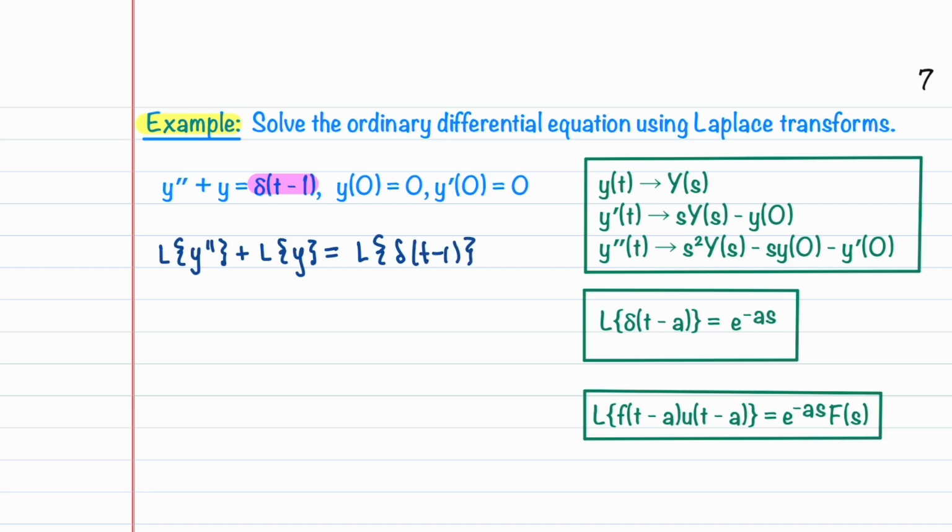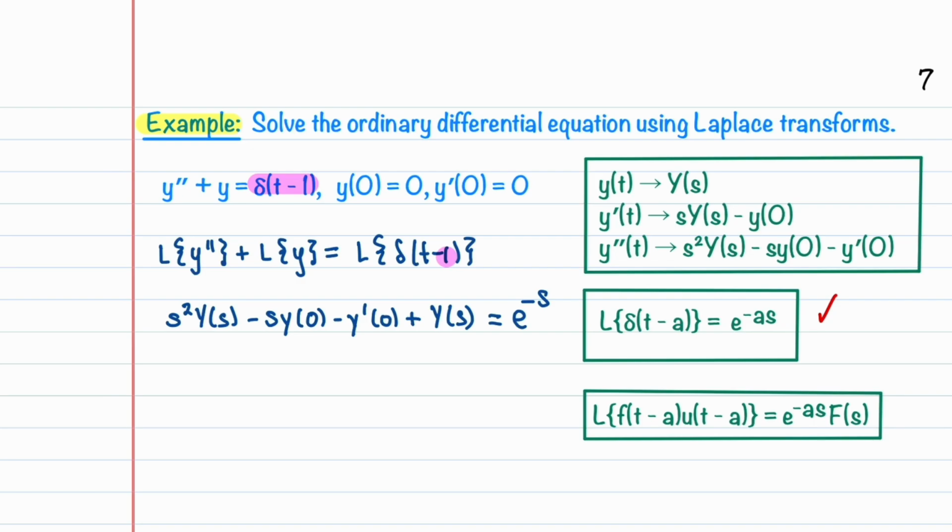I've written the formulas for taking the Laplace transform of a derivative over here on the right, and this gives us s squared capital Y of s minus s little y of 0 minus little y prime of 0 plus the Laplace transform of y, which is capital Y of s, and then we need the Laplace transform of our delta function. I put that formula right here. It is e to the minus as. In our example, a is equal to 1, so we have e to the minus s.